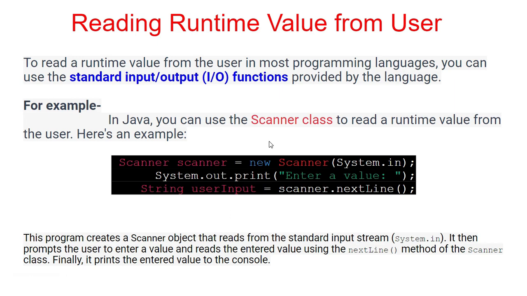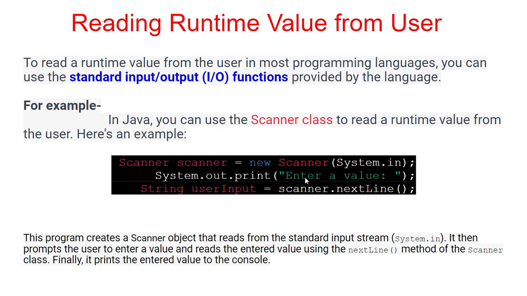For Scanner, we write the syntax where we create an object of the Scanner: Scanner scanner = new Scanner(System.in). This is the one object we have created of a Scanner class, which is already available inside the Java JDK. Here System.out.println we already know, so we print one message to the user, enter a value.